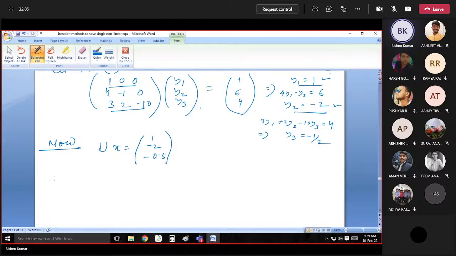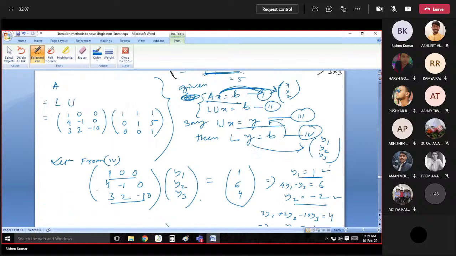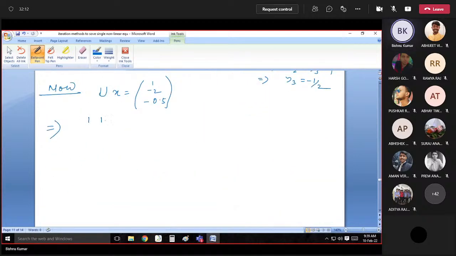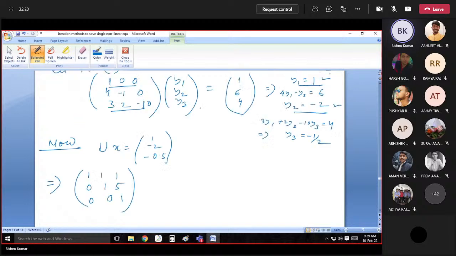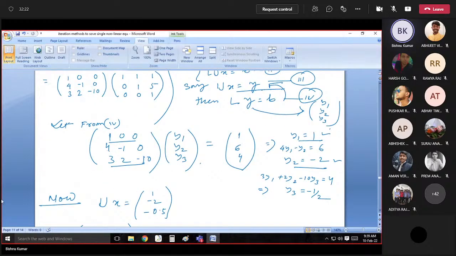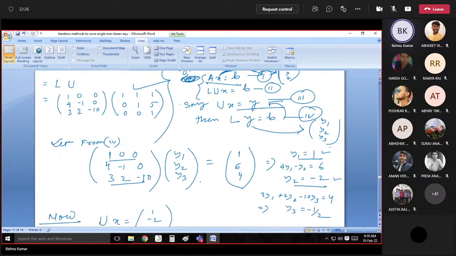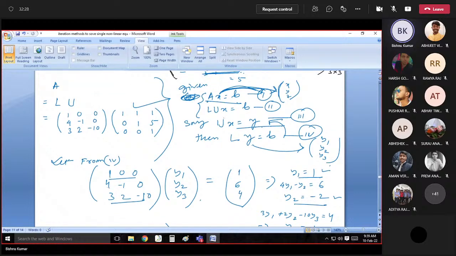And U matrix is this upper triangular matrix. So 1, 1, 1, 0, 1, 5, 0, 0, 1. That is our upper triangular matrix already constructed. And the algorithm is telling you Ux equals y.